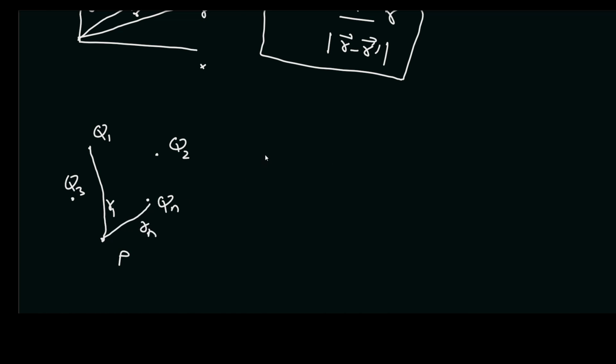Now we know that since the electrostatic force obeys the principle of superposition, then the electric field must also obey the principle of superposition. So the net electric field at the point P will be equal to the electric field due to Q1 alone plus the electric field due to Q2 alone, like this, till the electric field due to the charge Qn.